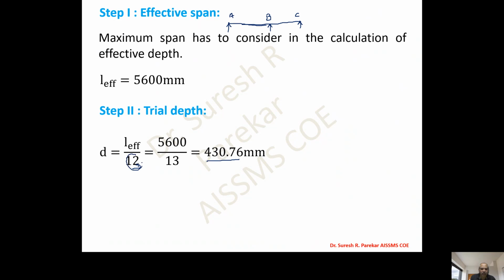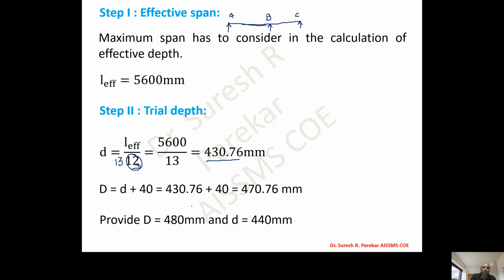So this we have taken as L effective by 13. Then D is equal to d plus 40, that is 430.76 plus 40, 470.76 millimeter. So we have provided on the higher side: D is 480 millimeter and small d becomes 440 millimeter, because cover we have taken as 40 millimeters.